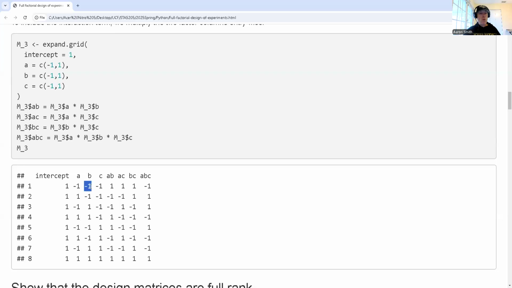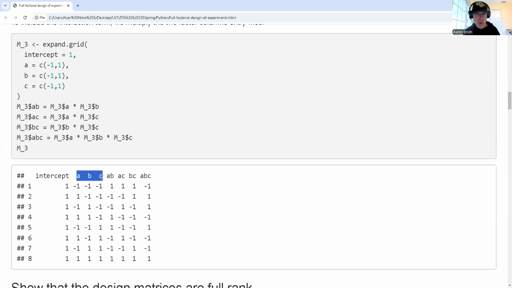Now B goes twice -1, twice +1, twice -1, twice +1. Now C does 4 times -1 and then 4 times +1. Look at that. All possible combinations of A, B, and C have been achieved. So if I have 2 levels for 3 different factors for my experiment, I've got all possible combinations achieved.